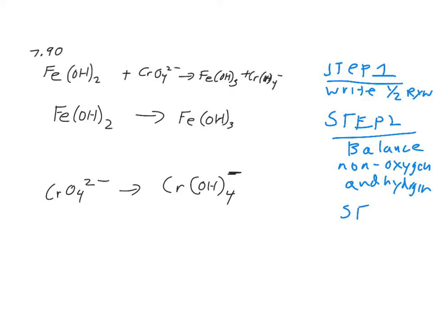Step 3, we're going to balance our oxygen using water. So in this equation here, I have 2 oxygens. Over here I have 3 oxygens. So I'm going to have to add a water to this side of my equation.